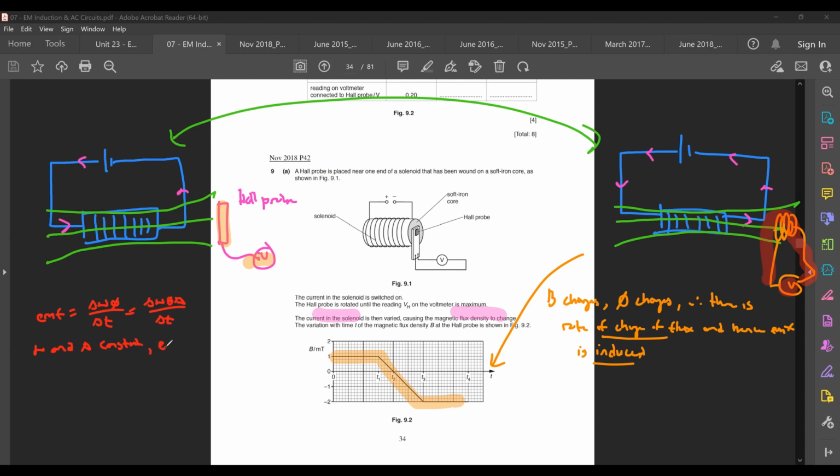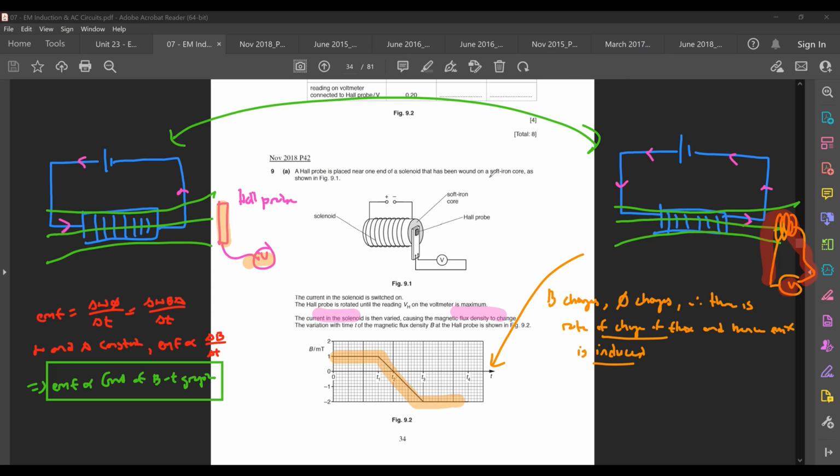This would mean that EMF is proportional to delta B over delta t, which in turn means EMF is proportional to the gradient of your B-t graph, like this. So this is the relation that you would want. Now you can just look at your gradient and work out the answer.